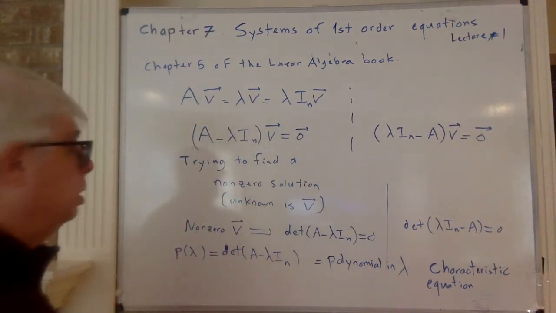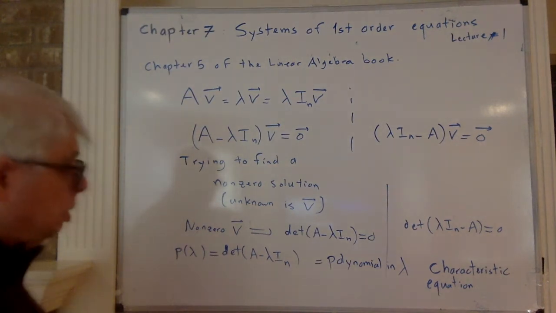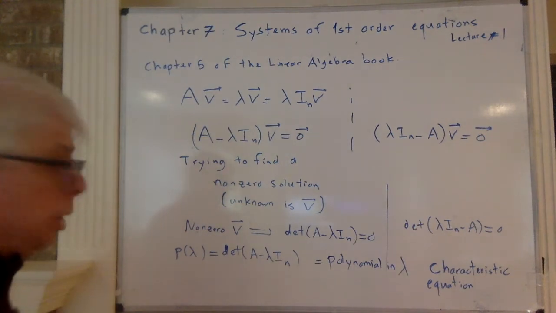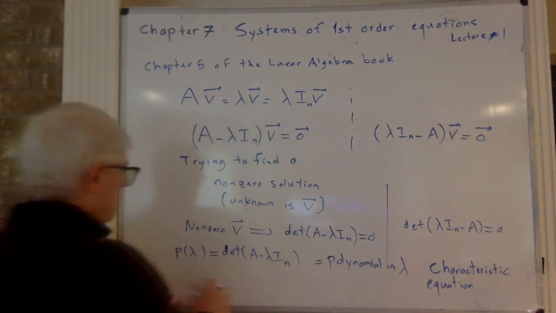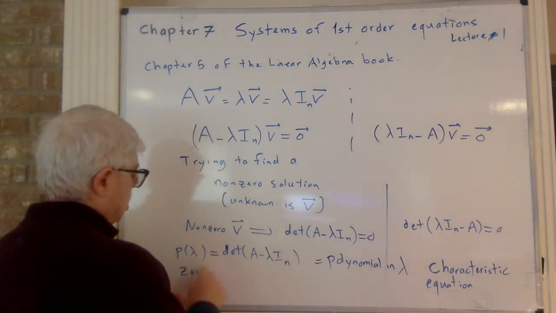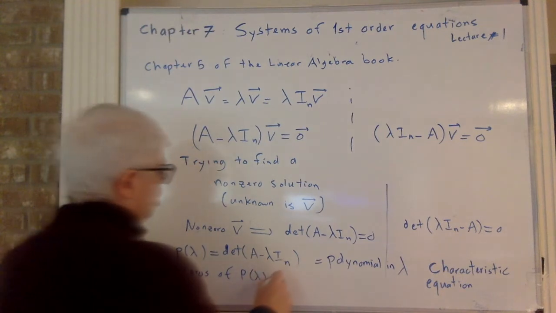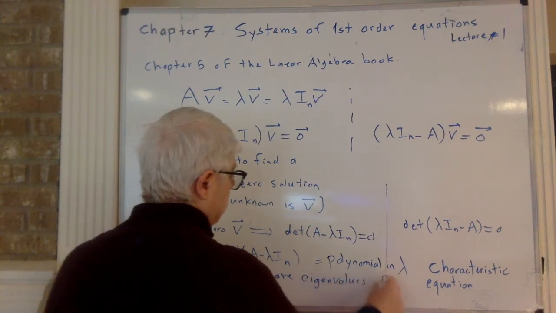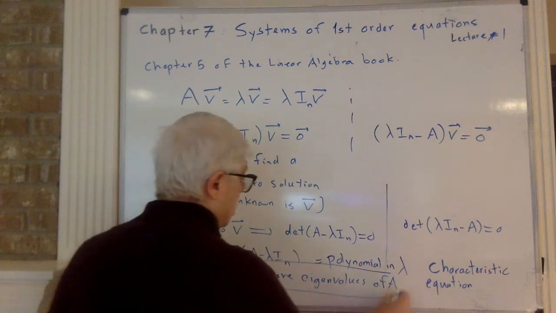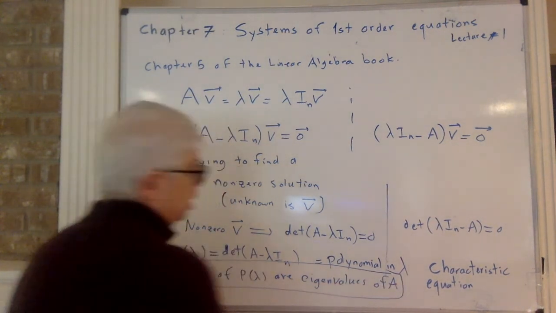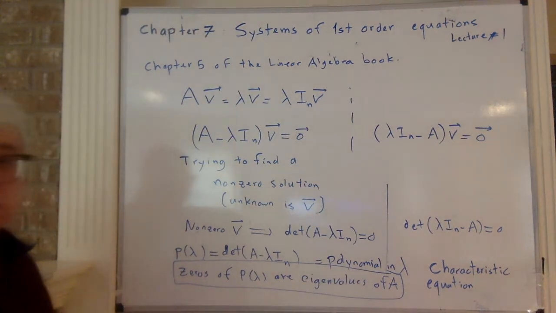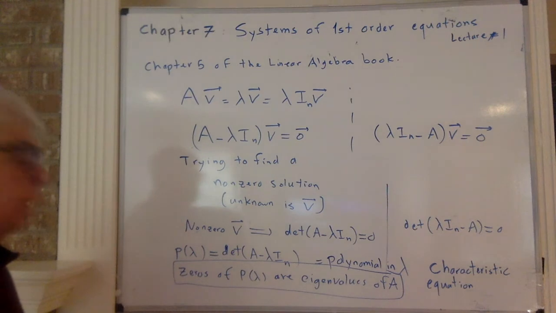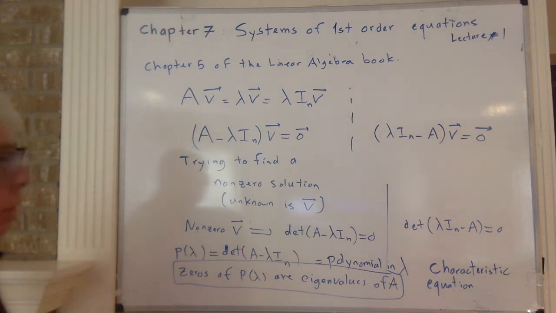So the characteristic equation, this polynomial: the zeros of this polynomial, the zeros of d lambda, are eigenvalues of matrix A. And when we find those zeros, we plug those different values for lambda into the equation, and we will find eigenvectors.